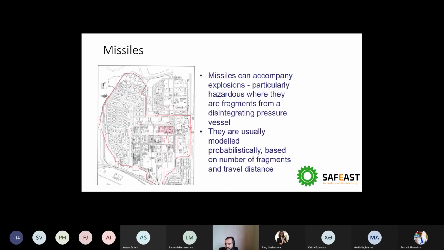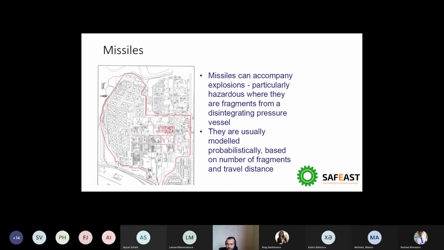You can see this is a kind of missile assessment. This is the source of the release, and the red dots are where the missiles can be found. For missiles, just bear in mind that we usually model probabilistically, based on the number of fragments and travel distance. It's not sophisticated science, just a probabilistic calculation.